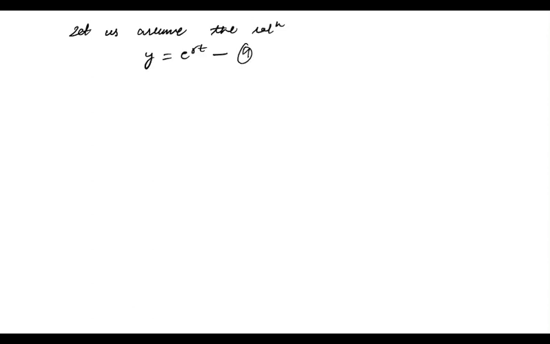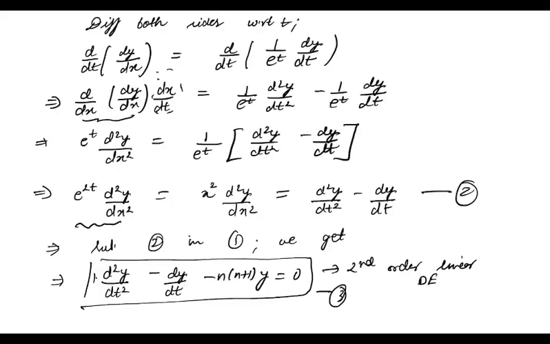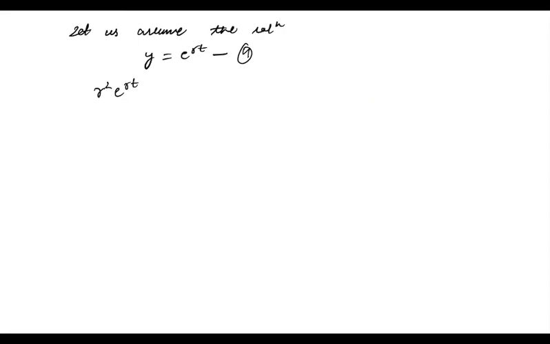So we'll put 4 in 1 and we'll get something like r square exponential rt minus r exponential rt minus n into n plus 1 y is equal to 0.